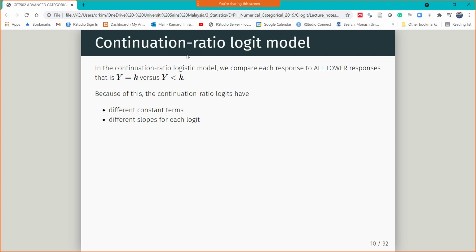It means that in the continuation ratio logit model, you compare k versus the other groups combined that are lower than k. When we go to the practical later, you can see this more clearly. Because of that, the continuation ratio logits have different constant terms and different slopes for each logit.